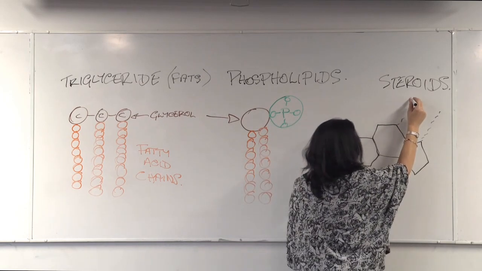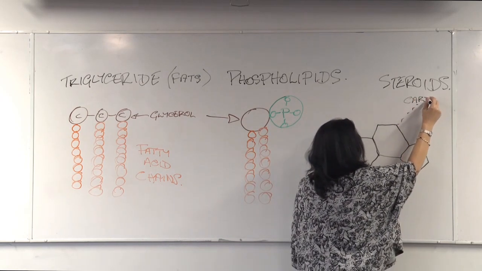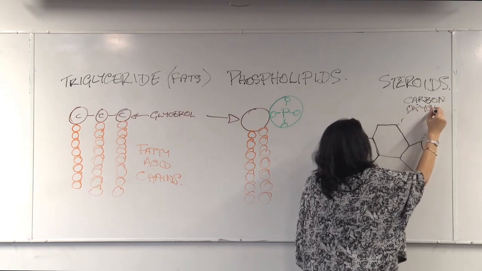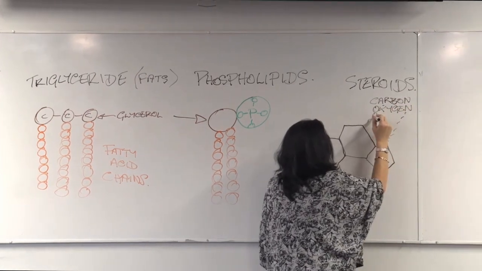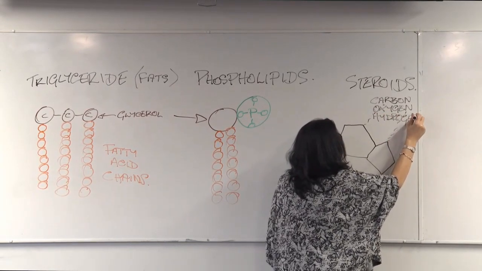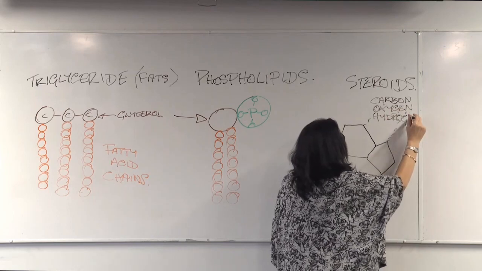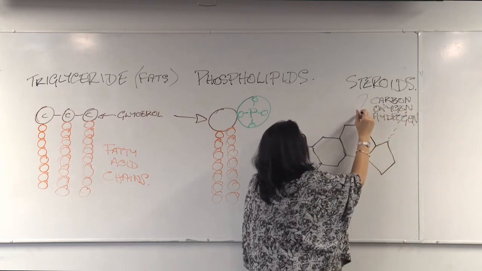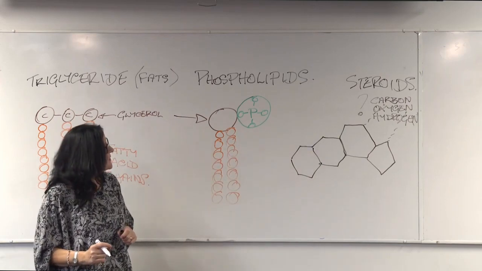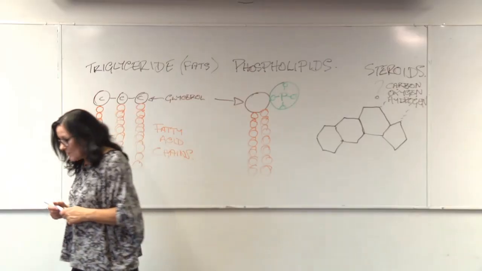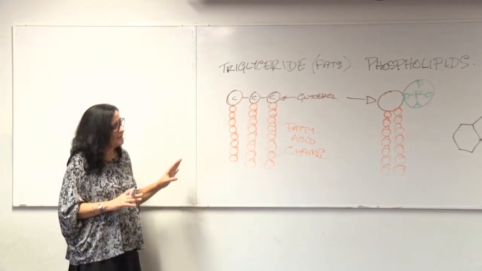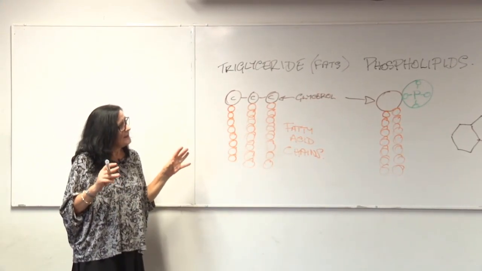Most of these things will contain carbon, oxygen, and hydrogen, in different configurations that give us a different type of steroid. So we have some very different shapes there, but all of these are our lipids.